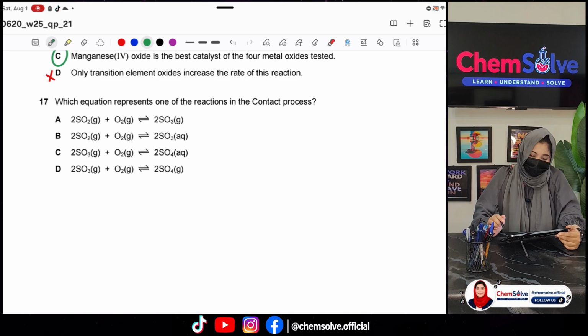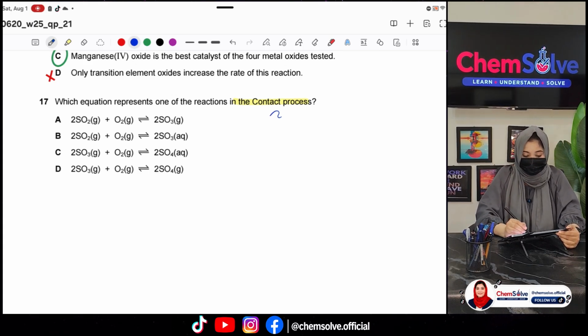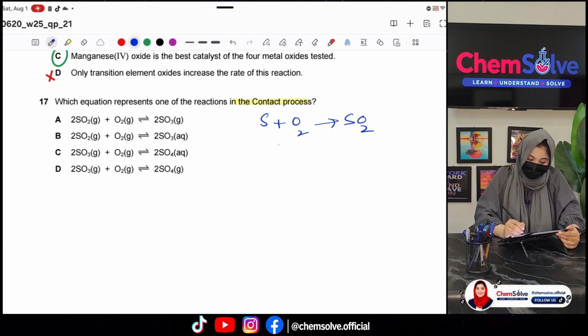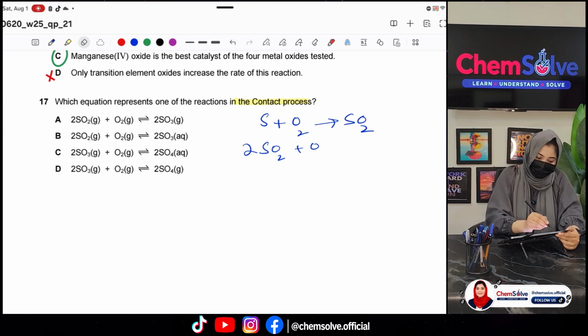Which equation represents one of the reactions in the contact process? Contact process is basically for the production of sulfuric acid. So what happens? S plus O2 gives us SO2, and then what happens? That SO2 reacts with more oxygen to form SO3.